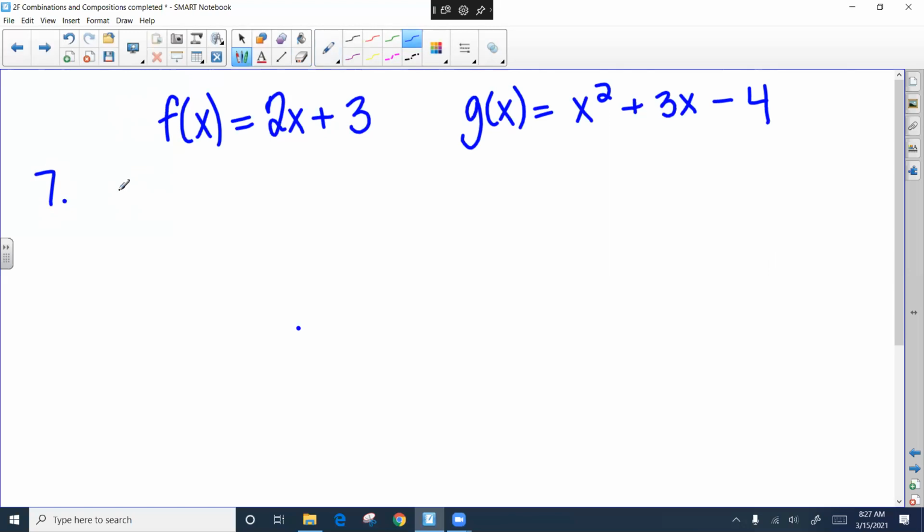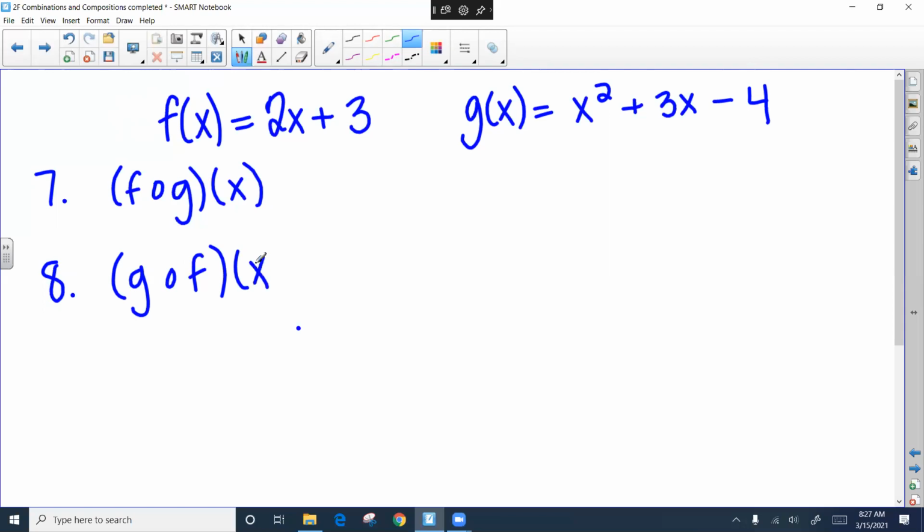So number 7, you're going to do f of g of x. The algebra on that one should not be too hard. And then once you do number 7, you can also try the other way around, g of f of x.